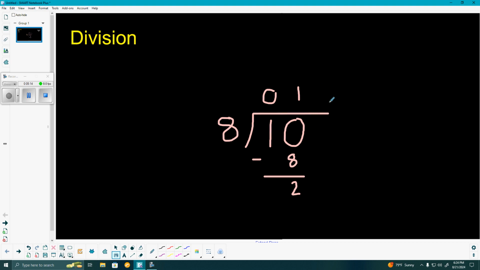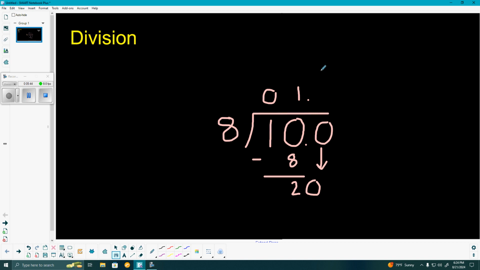Now I know you're used to doing remainders, but we're not going to do that anymore. Since we're out of numbers to divide with, you add a decimal here, and you add a 0. Because I have added a decimal to my dividend, you come up and you put it directly above in your quotient. I will take this 0 from my dividend and bring it down, turning this into 20.